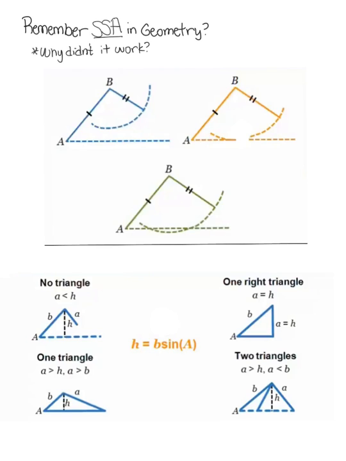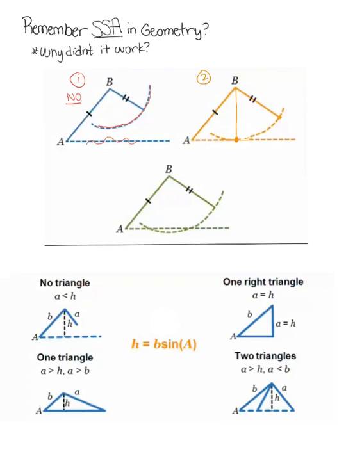The reason, in this top picture here, is that you could potentially get two different triangles. If you look at this first one, when I swing this second side, it never hits this bottom side down here. So in case number one, there is no triangle possible. But in case number two, if it's long enough, when it swings, it'll hit this side exactly once, and so one triangle is created.